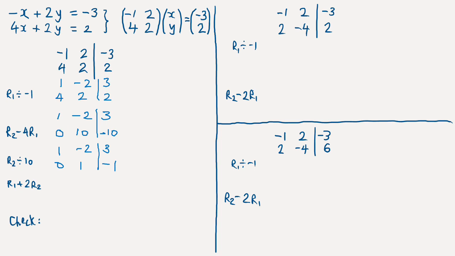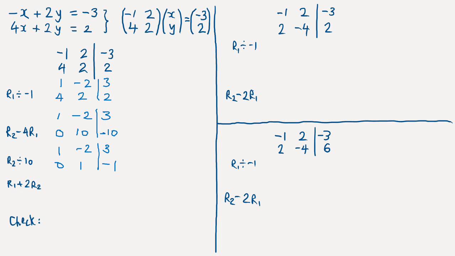And then the last step, we want to get a 0 in this position, and so to do that we can take this entire row and add on 2 times the second row. So let's do that.